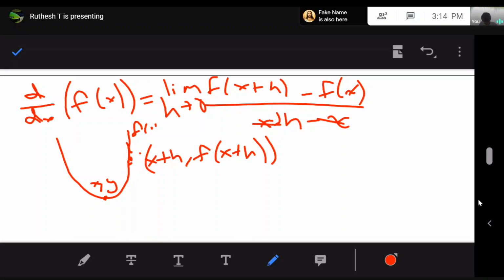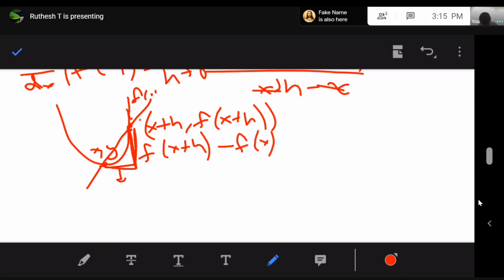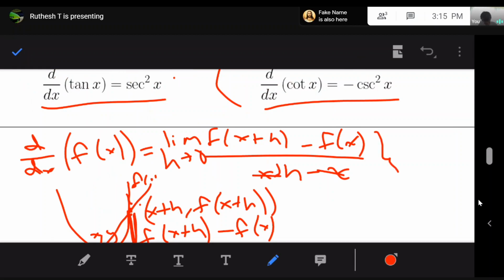Okay, so when you draw this line here, that's a secant line that intersects the graph, and so to find the slope of this line, you do rise over run, which is f of x plus h minus y, which is f of x, and then run is just x plus h minus x, which is h, and that's how you get this thing over here.